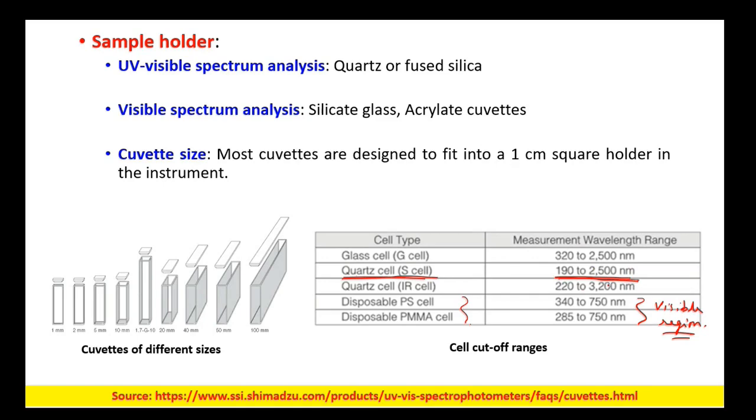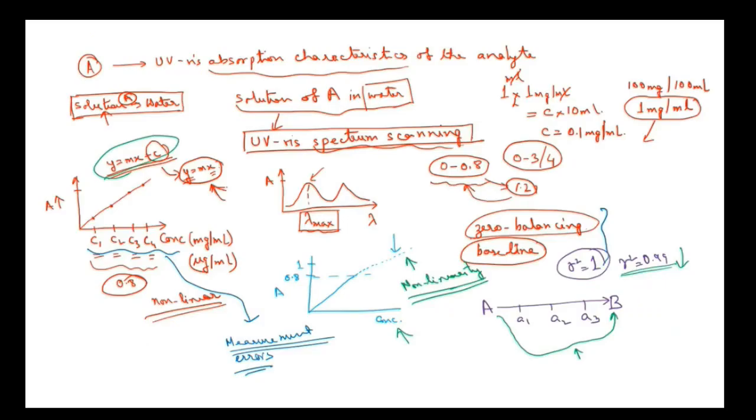So today we will see how we can analyze specific analytes, and if a solution of an analyte is given, how we can find out the concentration. Say, for example, we are given an analyte A. We are considering that this analyte A is soluble in water.